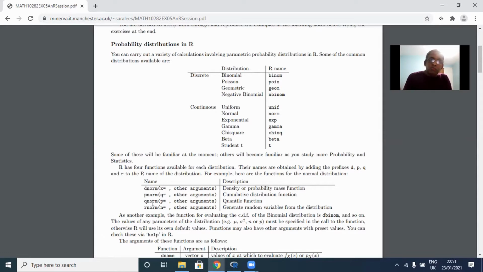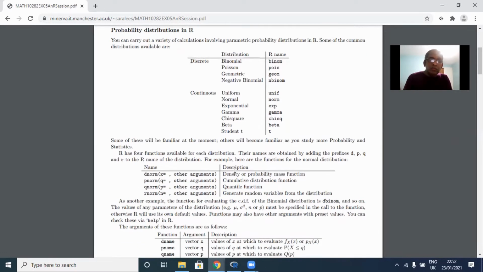And if you want to compute the quantiles of the normal distribution, you use the command qnorm and specify the probabilities at which you want to compute the quantiles. And finally, rnorm is used to generate random numbers from a normal distribution. Here n specifies the number of random numbers that you want to generate.